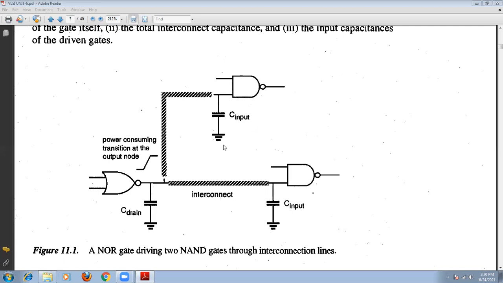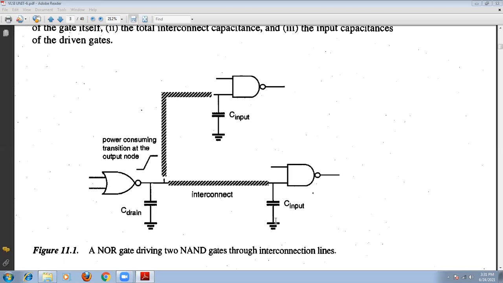Just remember the total capacitance is equal to the output node capacitance of the gate itself and the total interconnect capacitance, because the connection is nothing but existing capacitance here, and also the input capacitance that drives the input nodes. So the total capacitance in this case is equal to C drain plus C interconnect plus C input, the sum of these capacitances.